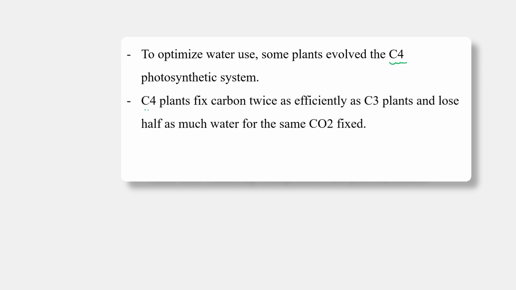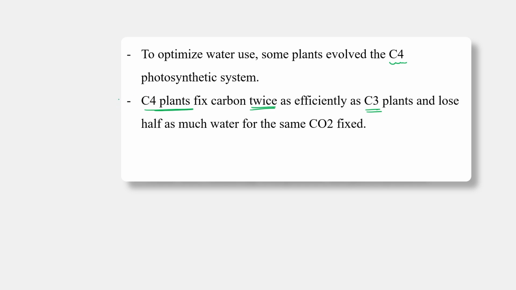Now, to optimize water loss, some plants also evolved the C4 photosynthetic cycle. As you know, C4 plants fix double, or twice, the amount of carbon as efficiently as C3 plants and lose half as much water for the same CO2 fixation. We have discussed C4 and C3 plant types in the photosynthesis chapter, so I am not going to give another detailed lecture on it.